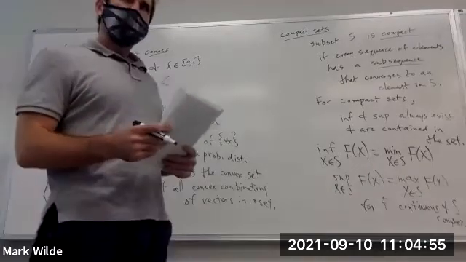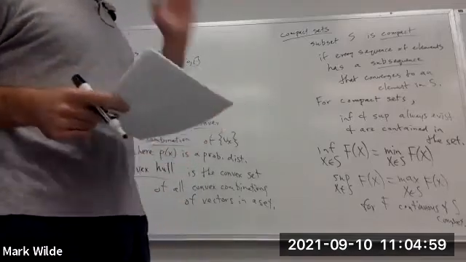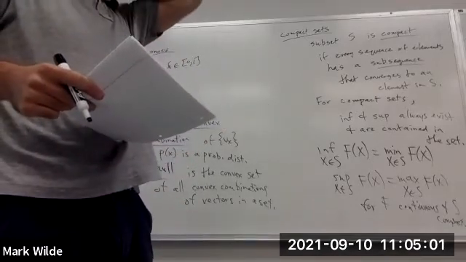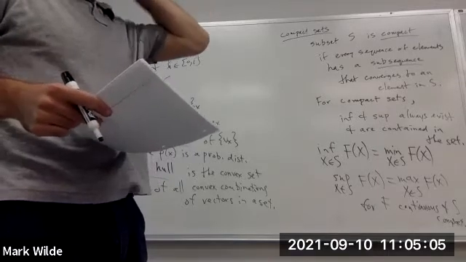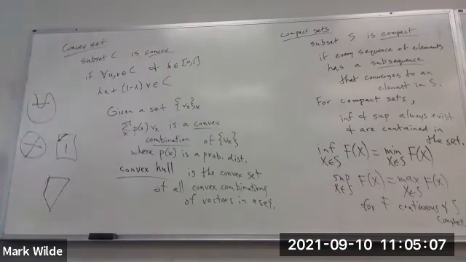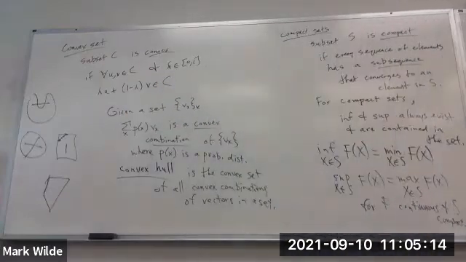Questions about that? All right. Yeah. The convex hull is only relevant when the set is not convex. If it's already convex, the convex hull is the same. It doesn't do anything. Right?